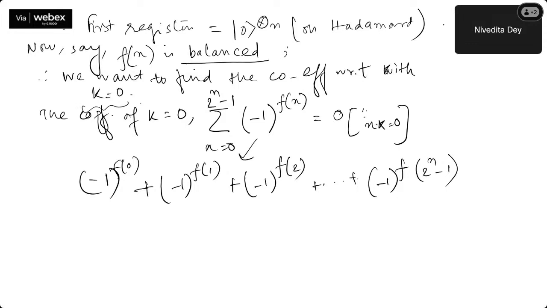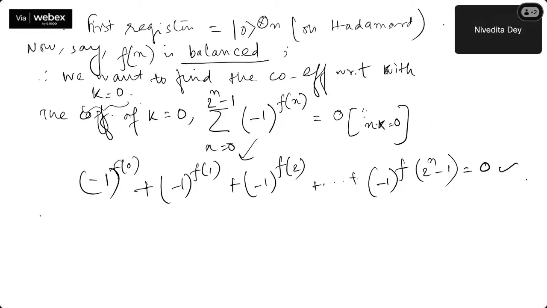Maybe I do not know what f0 is, whether that is 0 or 1, or what f2 is. But once I have this form, I have deduced it: half of the values f0, f1, f2 till f of 2 to the power n minus 1 are 0 or 1. So the entire expression will boil down to 0.